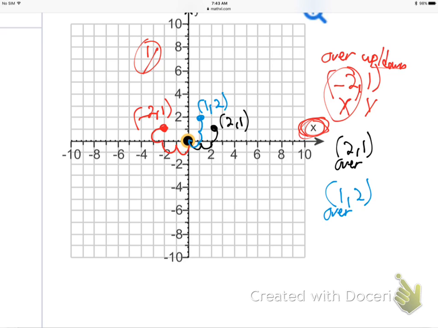Does that make sense? Again, first number's over, second number's up or down. How about if we make both negative? How about -1, -2? Can you find that one?